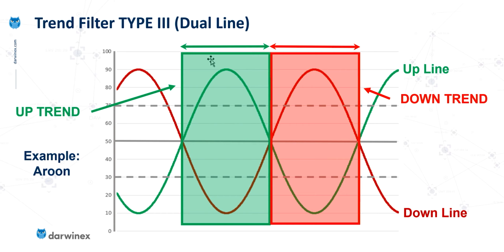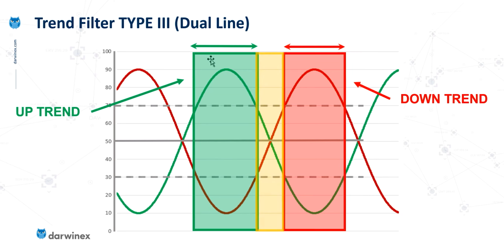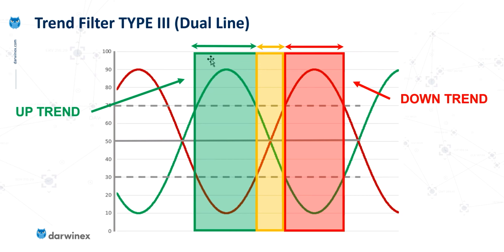So as an example, in the illustration on the screen now, we've considered that if the up line is above the midpoint, then it's trending upwards. But in order to classify stronger trends, you can take this approach where you set the level higher, so in this case at about 70, and so each line has to be in that region above the 70 level to properly classify the market as either trending upwards or trending downwards.